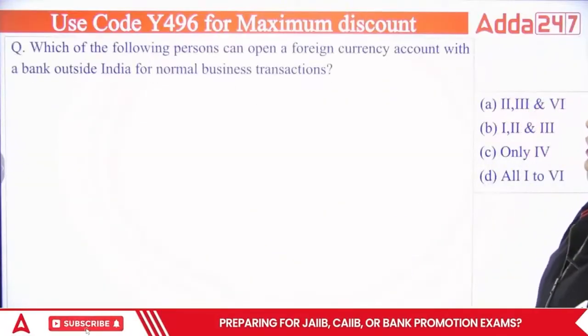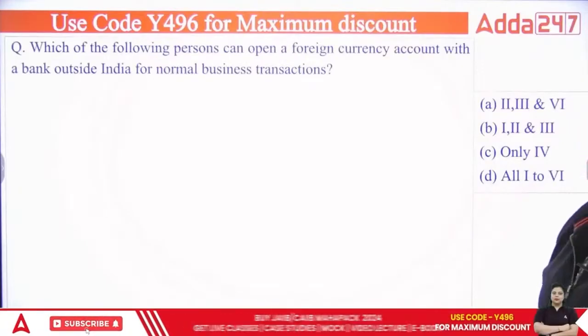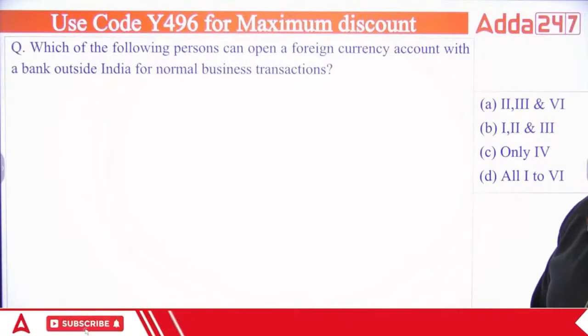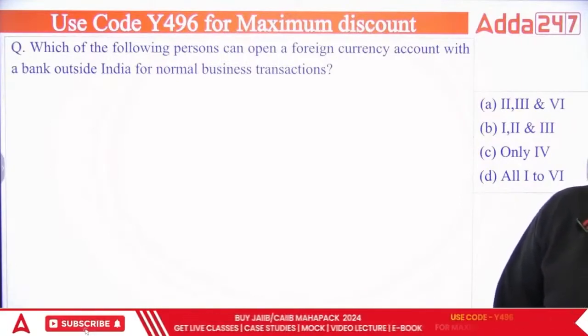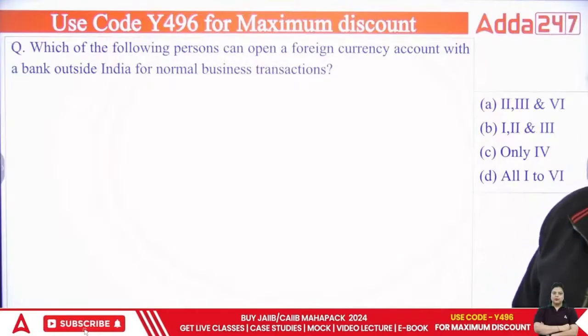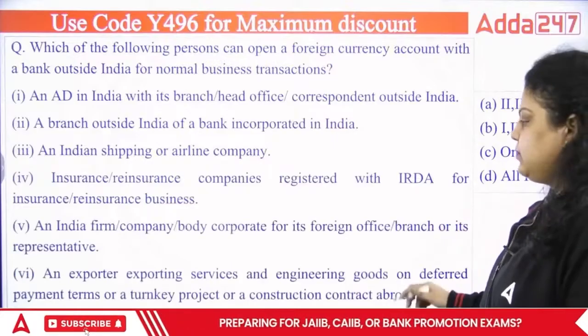Next we have: which of the following persons can open a foreign currency account with a bank outside India for normal business transactions? These are the statements in front of you.